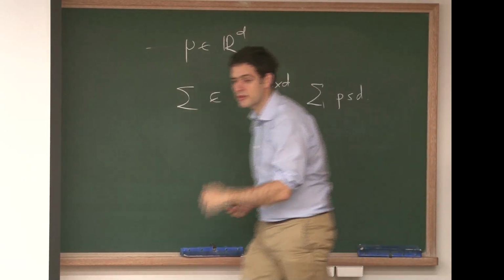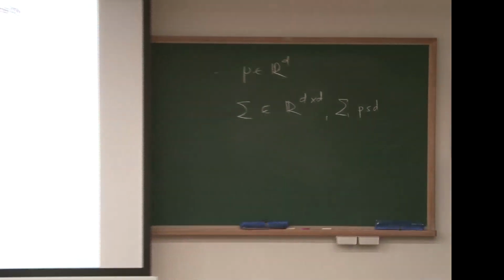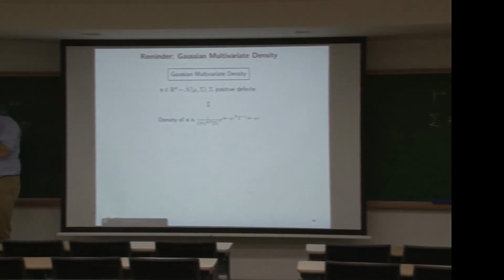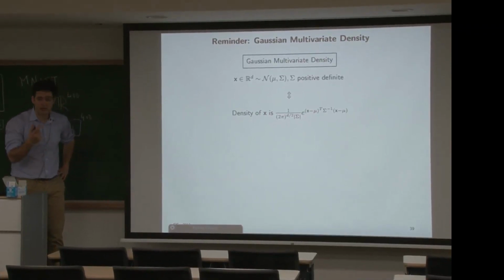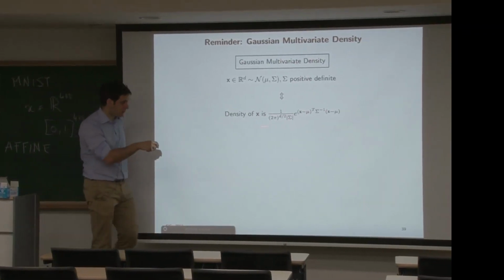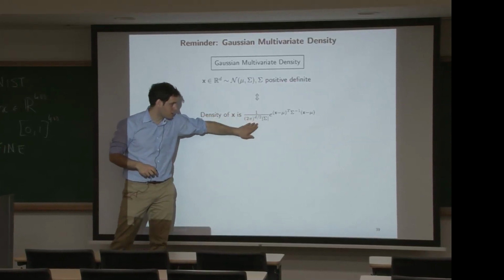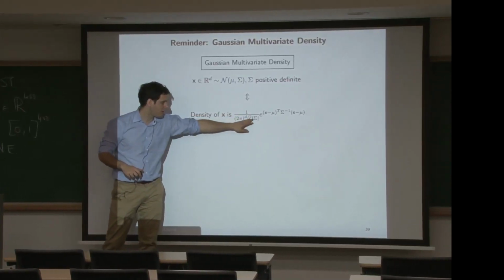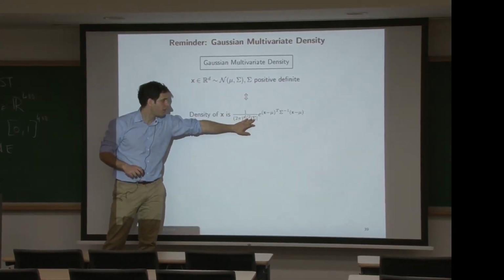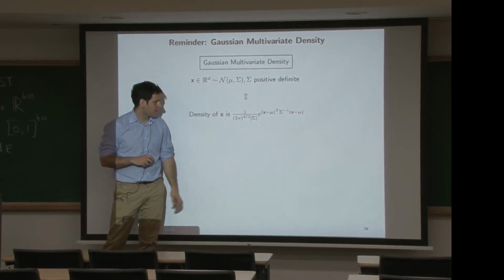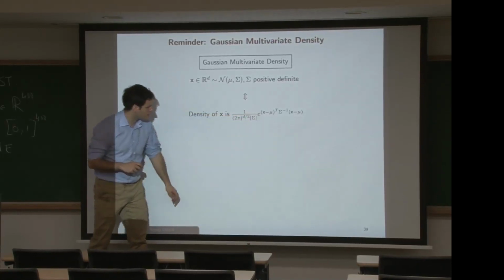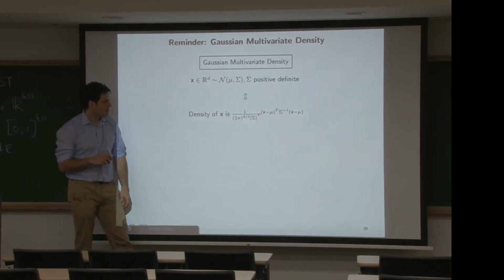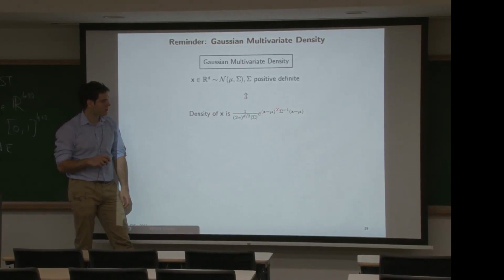If you started doing the assignment, you know what this means. Then the density of a particular vector x is this number. This is a normalization factor, a number that depends on the determinant of this positive definite matrix. And then there's the exponential of minus, I forgot to put a minus here, that's a big mistake, exponential of minus x minus mu transpose, inverse of sigma, x minus mu.